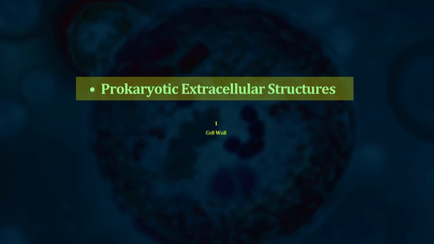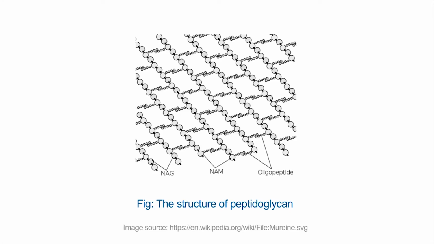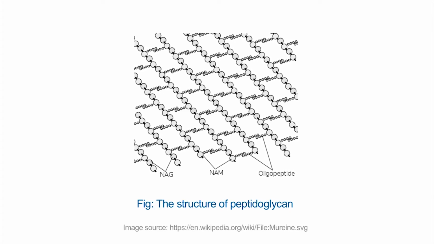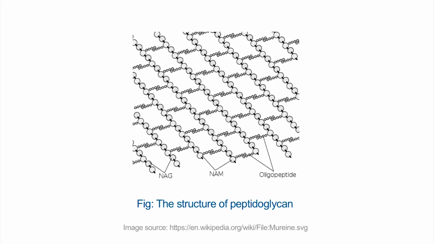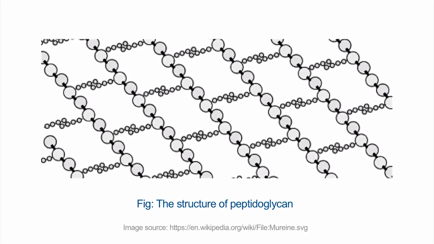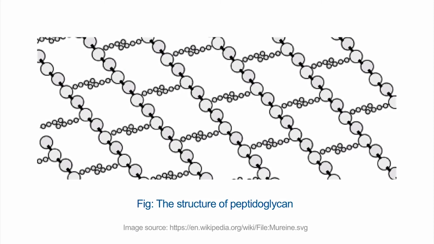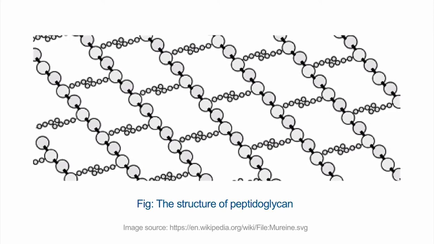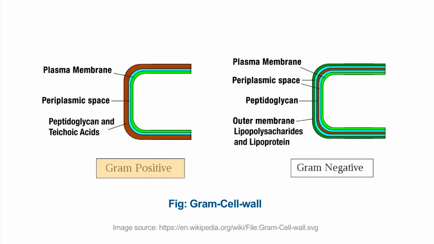First, let us take up the cell wall in prokaryotes. Prokaryotic cell walls are composed of mainly peptidoglycan in bacteria. Depending upon their ability to take up gram-stain, bacteria are grouped into two types, gram-positive and gram-negative.